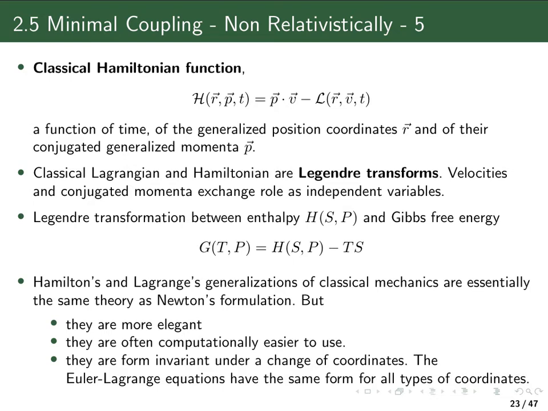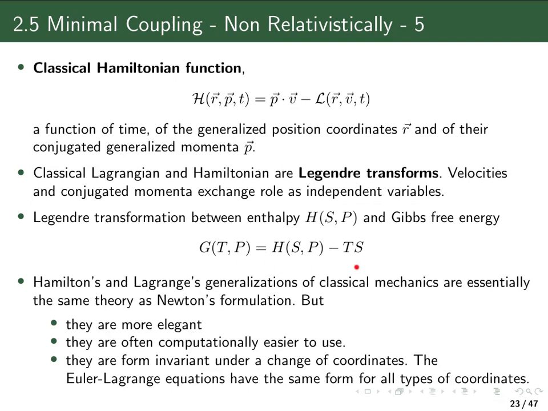And I'm quite sure that in your thermodynamics course, you have seen a similar transformation, because the relation between the Gibbs free energy and enthalpy is precisely the same kind of Lagrange transformation, because you can, for example, write the enthalpy as being a function of pressure and entropy, whereas the Gibbs free energy is a function of temperature and pressure.